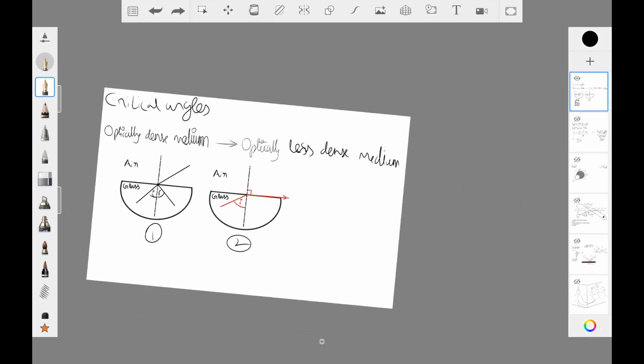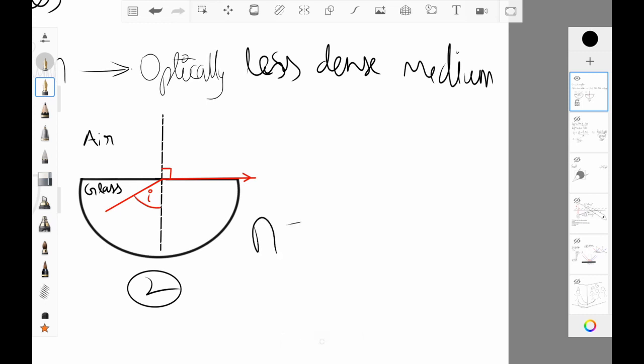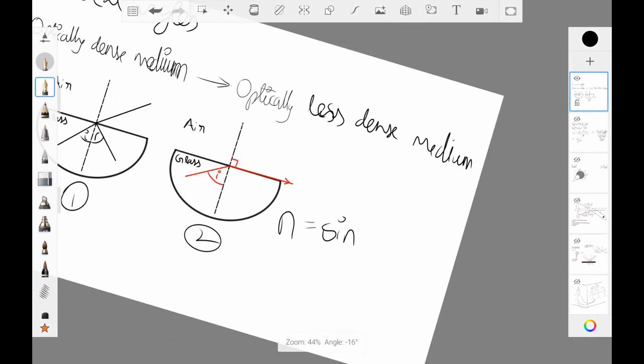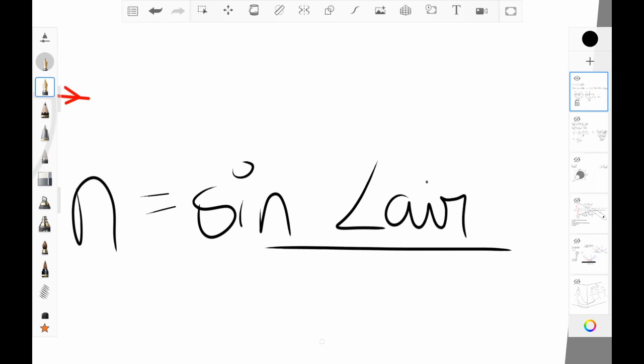Now from here you can actually derive another formula for refractive index. Remember the formula for refractive index that we looked at before was the sine of incident angle over the sine of refracted angle. So in this case we can see that n is equal to the sine of angle in air over the sine of angle in glass.